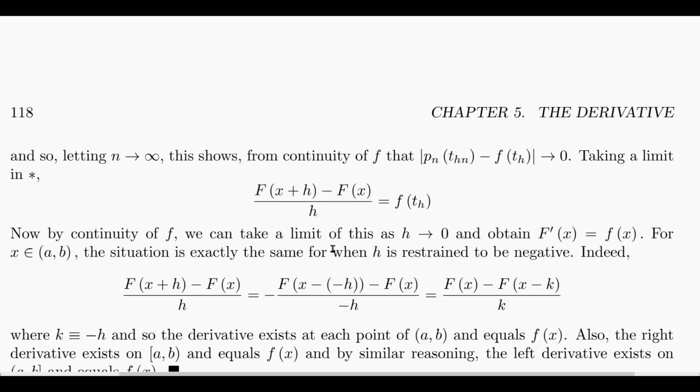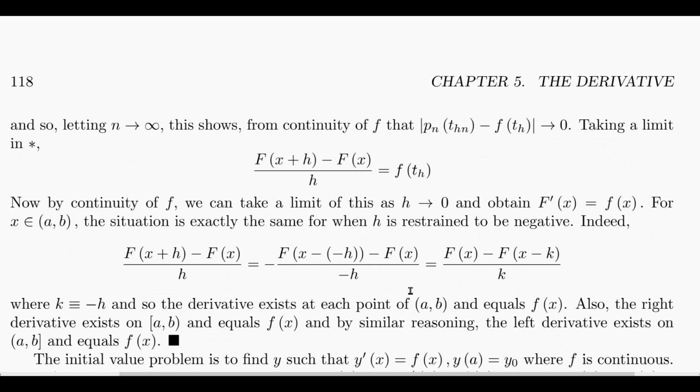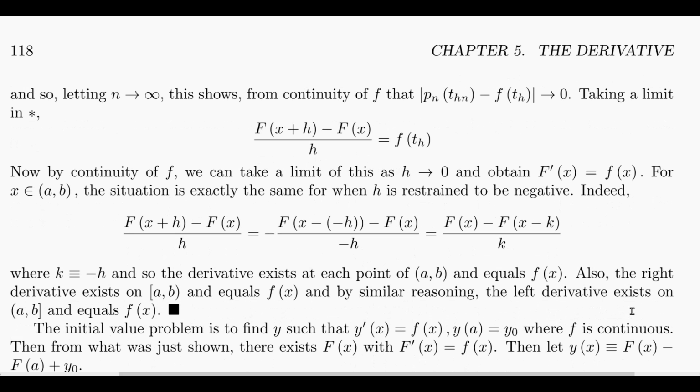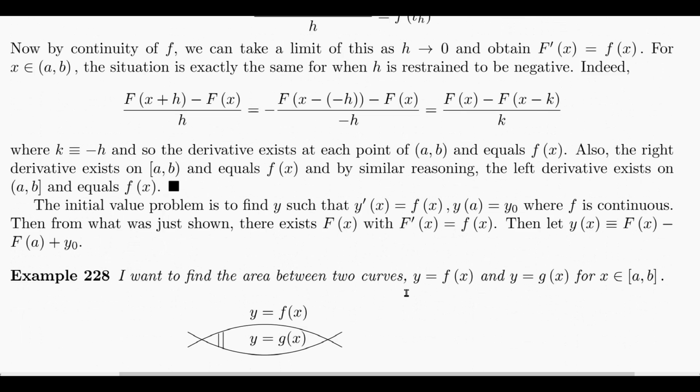And now you do exactly the same argument that was done above and find that the left derivative exists at each point of the open interval, and also the left derivative exists at the point B, and it always equals f of x wherever x is. And so that shows the existence of an antiderivative for an arbitrary continuous function defined on a closed interval.